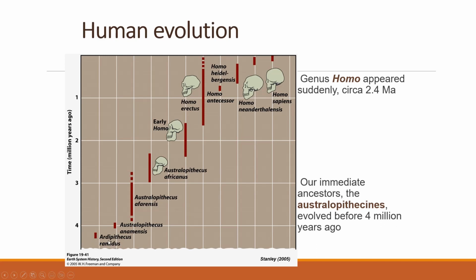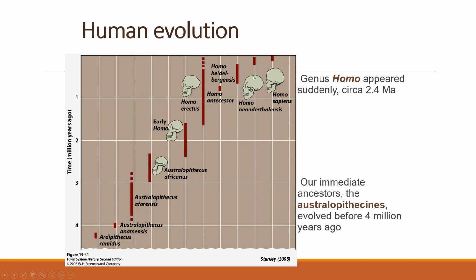There were hominids earlier than that, but we see the Australopithecus eventually evolving into the early Homo. Homo erectus was the first Homo species that walked upright. We have Homo habilis, which were the first ones that used tools.